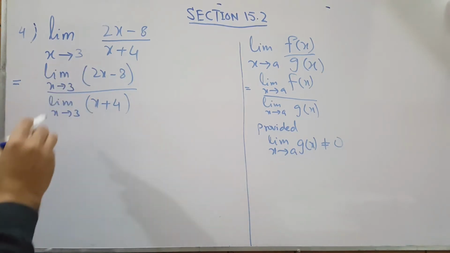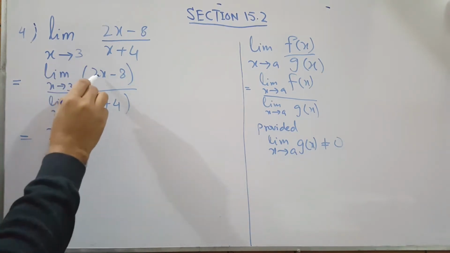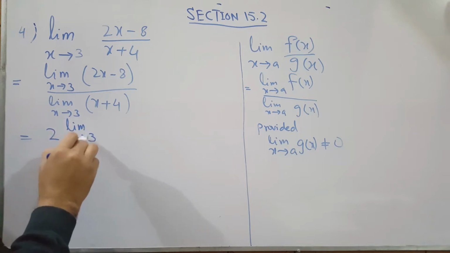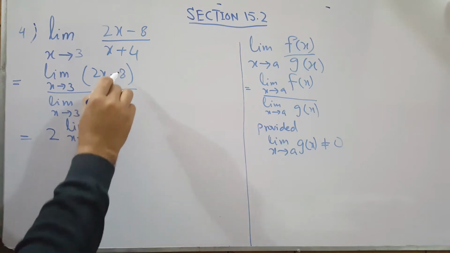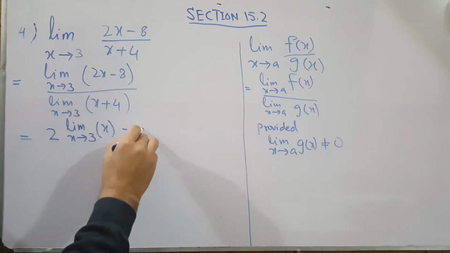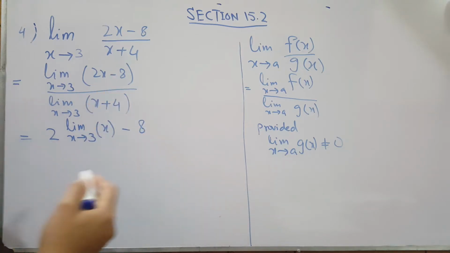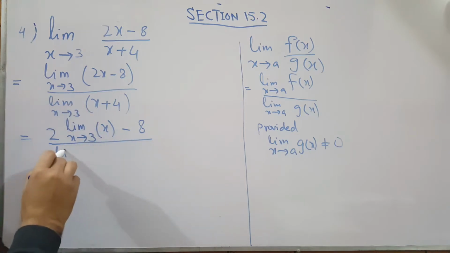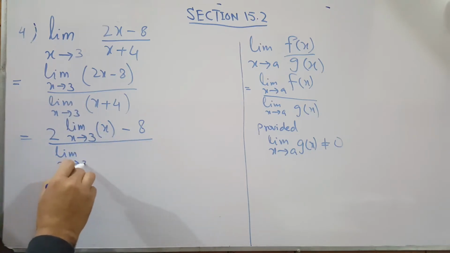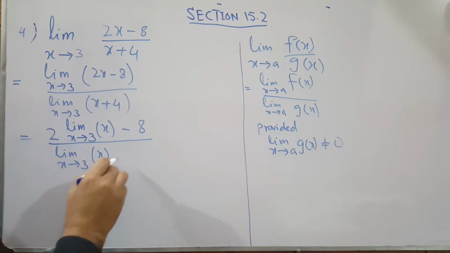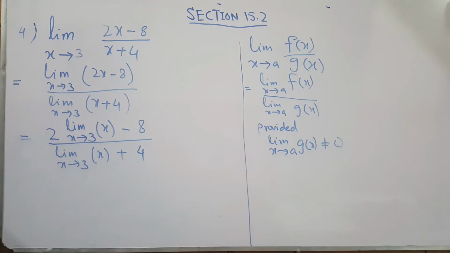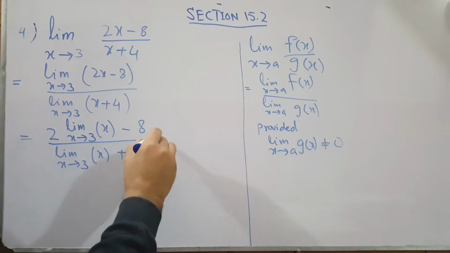So for instance, I will apply the limit straight away and take out the 2 from the limiting value. And since minus 8 is a constant, I will just write down the constant, because the limit of a constant value is a constant. Similarly, here I will apply the limit x to 3 on the x, and 4 is a constant value, so the limit of this would come as 4.